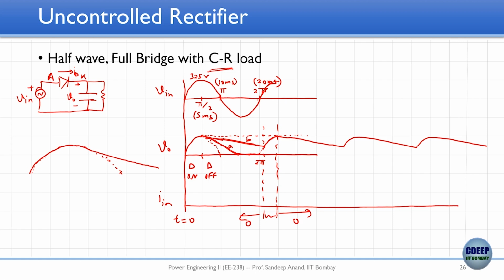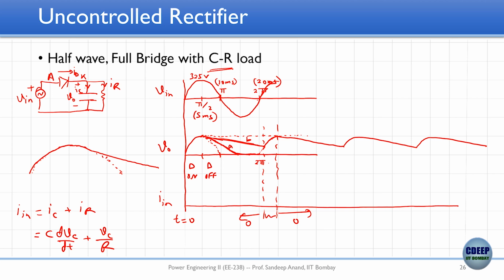If you want to find out how the current will be, you can write Kirchhoff's current law. The input current will have two components, IC plus IR, where IC equals C dV by dt, so it will be C dVc by dt, plus IR, which is nothing but Vc by R.